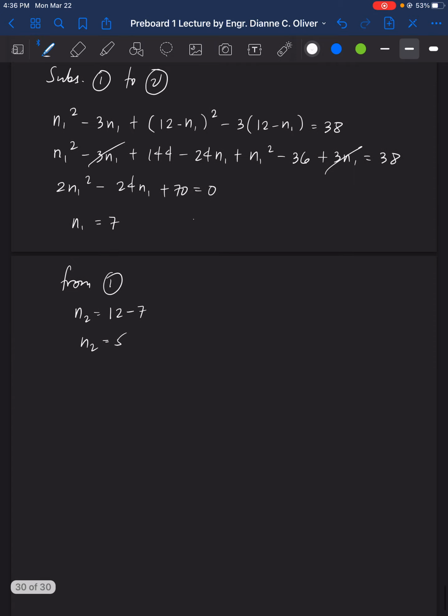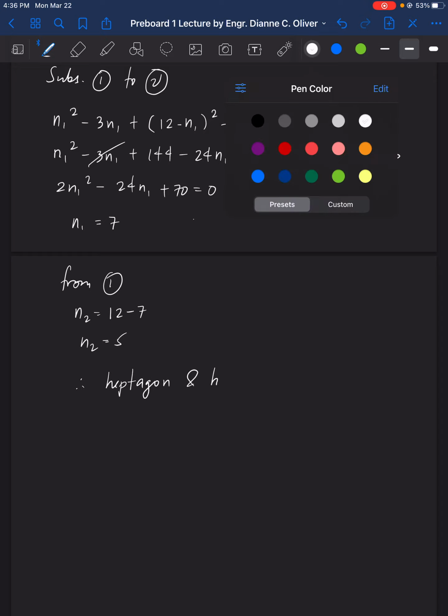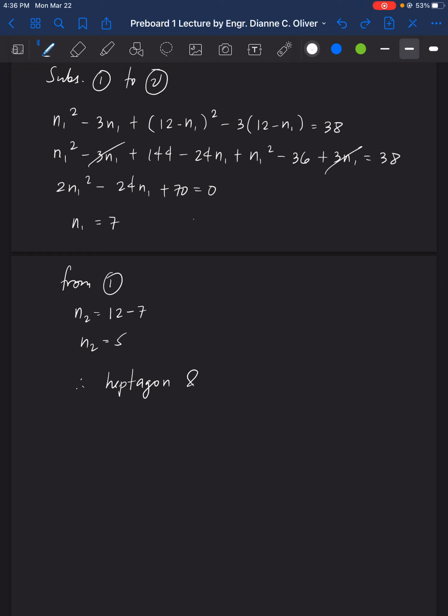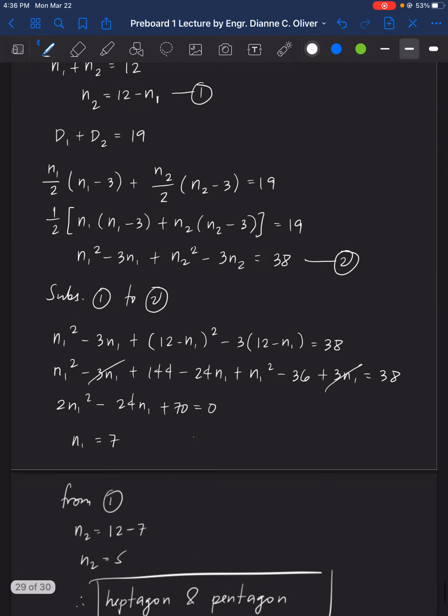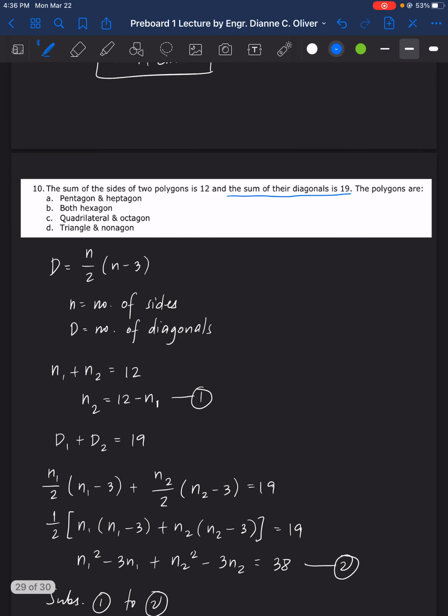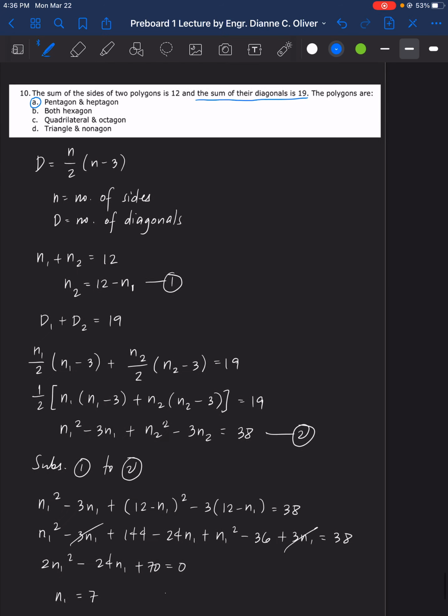Now, what kind of polygon is n1 equal to 7 and n2 equal to 5? Therefore, they are a heptagon and, with 5 sides, a pentagon. So the right answer here is letter A, pentagon and heptagon.